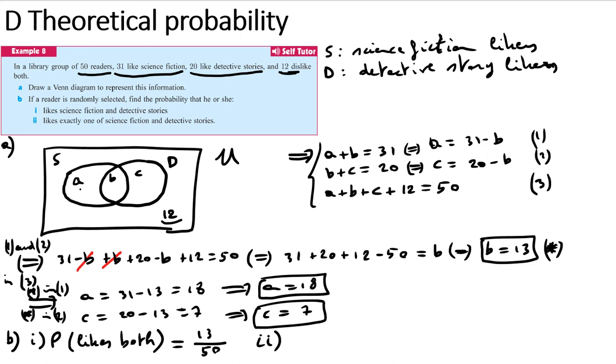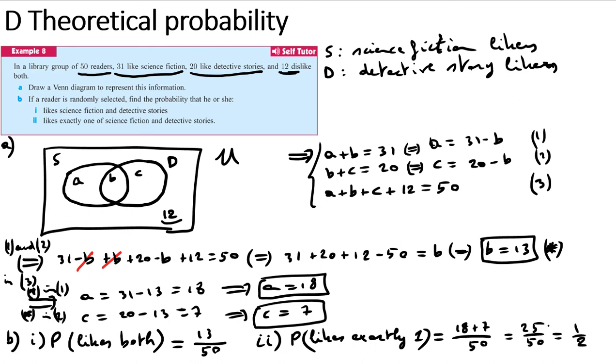So that's the sum of A and C. So the probability that the reader likes exactly one is equal to A plus C, so 18 plus 7 over 50, which is 25 over 50, which is equal to 1 over 2. And that is the answer.